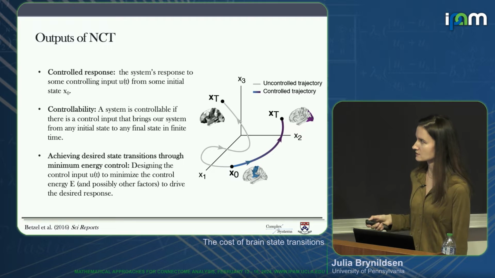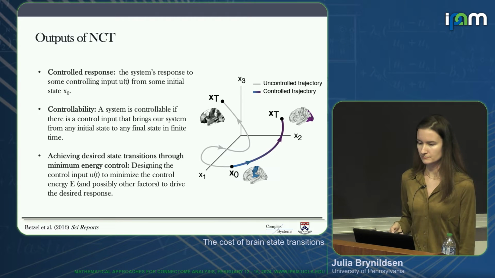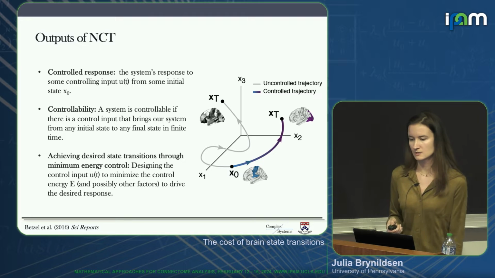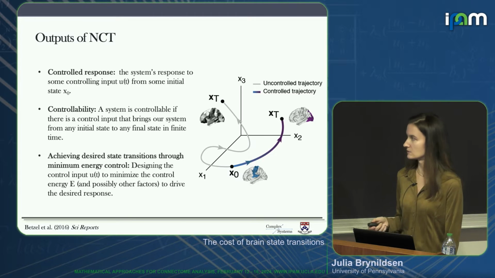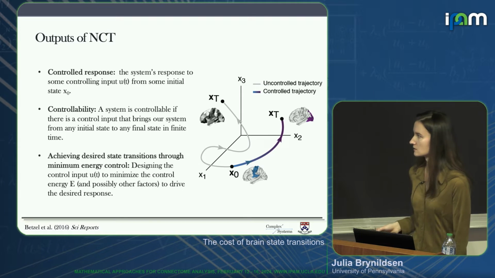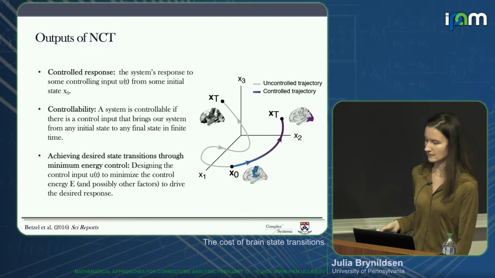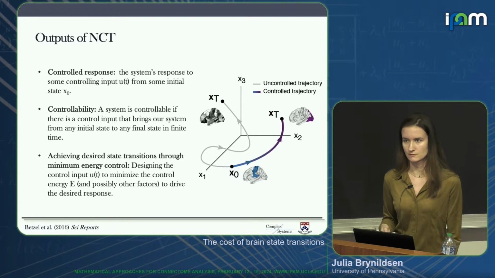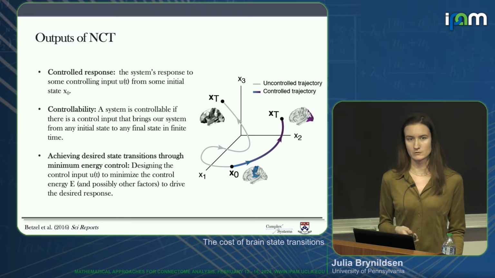The controllability of the system, or the ability to drive changes in its state with control input, and the control input that's required to drive the system to a desired state. So this last output is the one that I'll be focusing on today, as it's most relevant to thinking about how we might perturb neural dynamics to affect a desired change in state, and to consider which changes may be harder or easier.